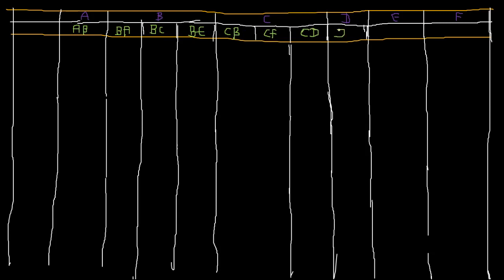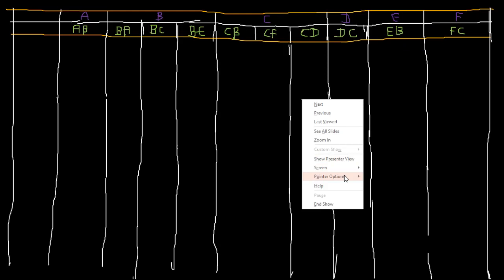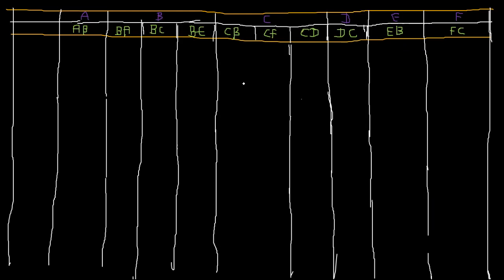Here, DC, right? So DC and CD are the cantilever part. Nothing happens to that. Yes, EF, so that's EB, and this is FC, right? Am I correct? Yes, so correct.